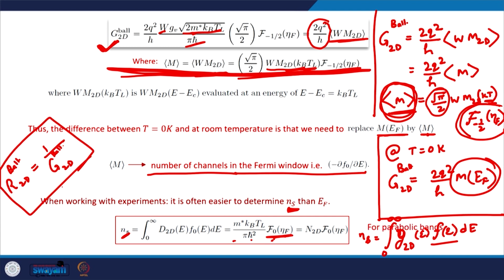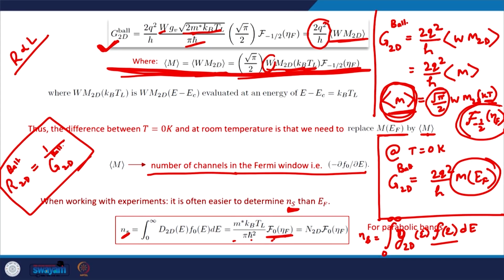And as we saw from our classical theory of transport, the resistance is always directly proportional to length, but in this case both at 0 Kelvin and at room temperature, resistance is independent of the length in the case of a 2D conductor. And similarly, we can also see for 1D and 3D conductors that resistance is independent of the length of the conductor.